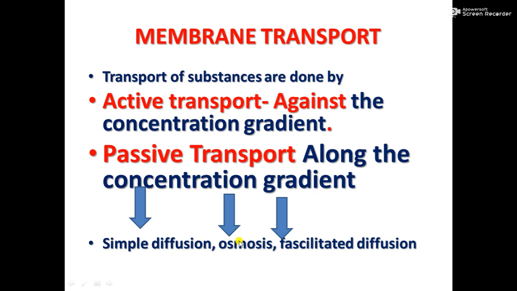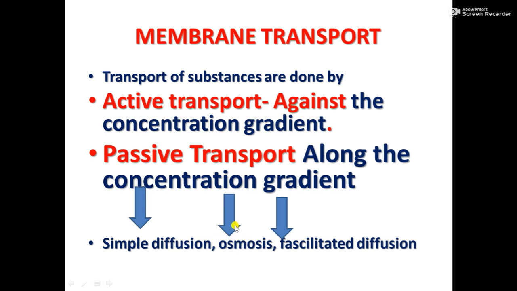So osmosis needs a concentration difference as well as a semi-permeable membrane. A semi-permeable membrane is a must for osmosis to take place, and osmosis is the movement of water molecules or solvent molecules. In biological systems, solvent is mostly water.